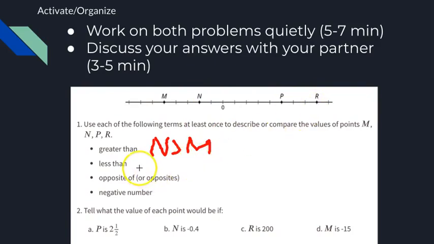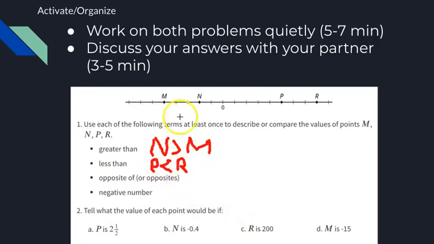What about less than here? Yeah, I could use any of those, but I'm going to use P is less than R. Again, why? Well, it is further to the left. Which of these are opposites of?